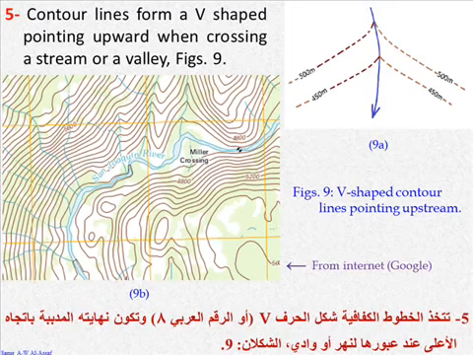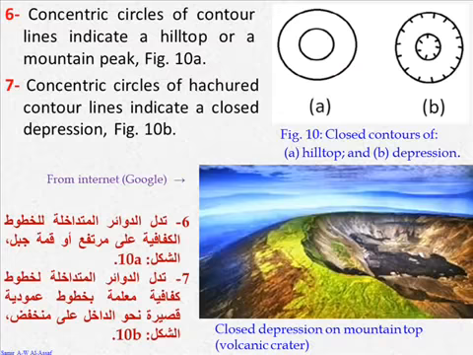Contour lines form a V shape pointing upward when crossing a stream or a valley. Figures 9. 6. Concentric circles of contour lines indicate a hilltop or a mountain peak. Figure 10a. 7. Concentric circles of hatched contour lines indicate a closed depression. Figure 10b.